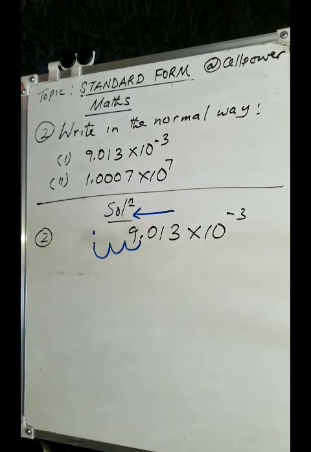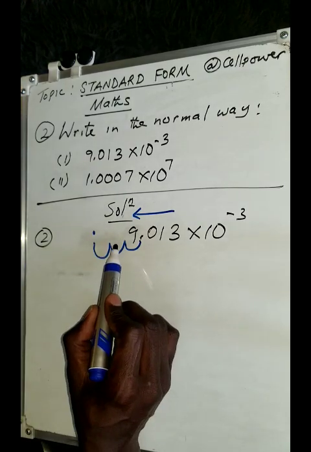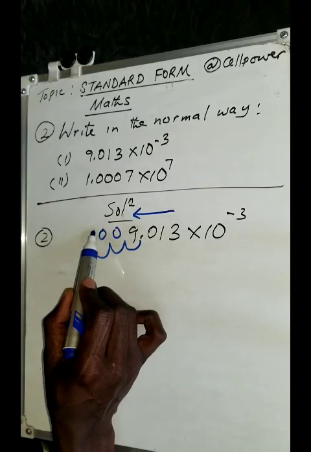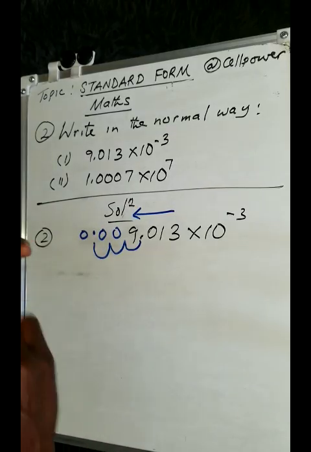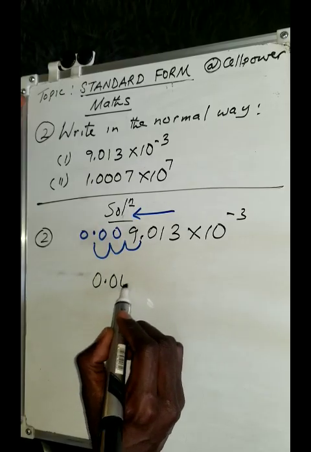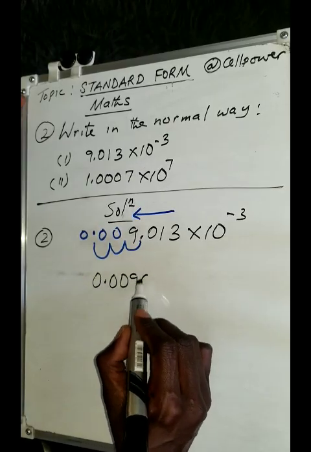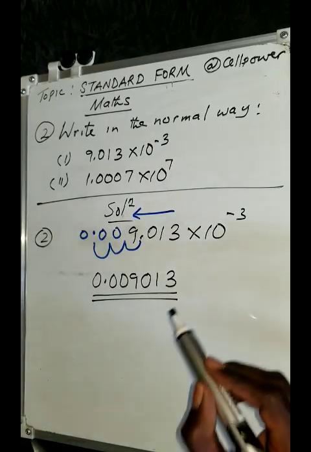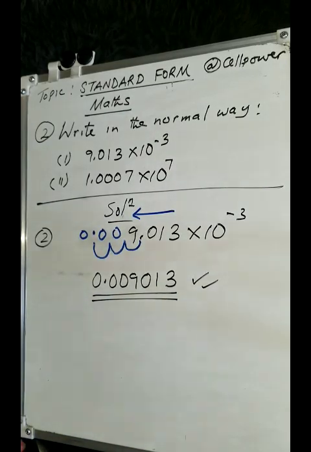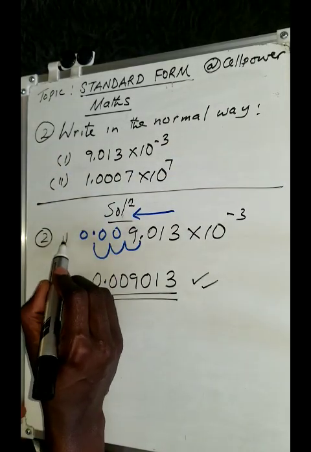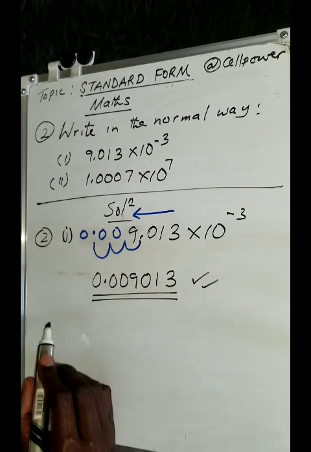So meaning the point will come here. So now right in front here there should be a 0, there should be a 0, and even after the decimal point there should be a 0. So meaning we can write the number as 0.009013. So that is a normal way of actually writing it, the way it was before they wrote it in standard form or scientific notation as we are calling it. All right.